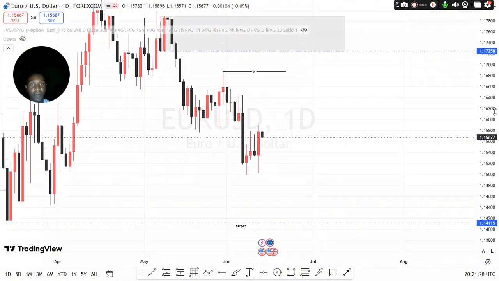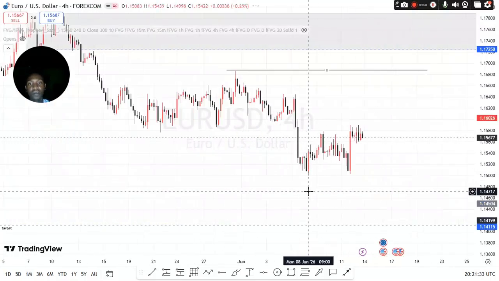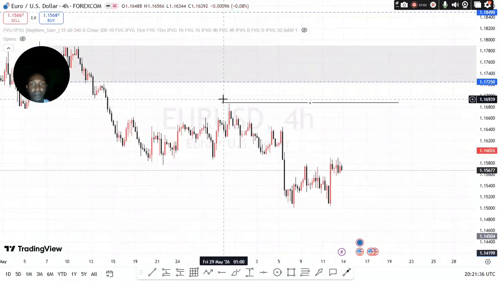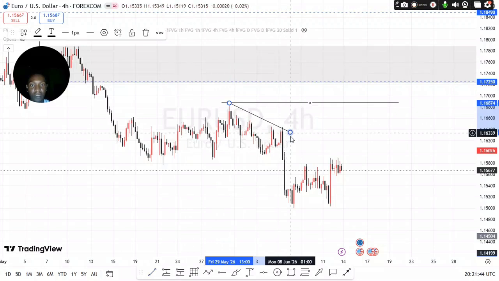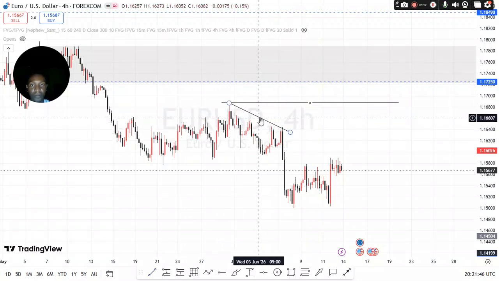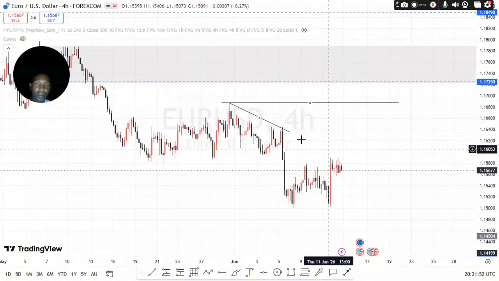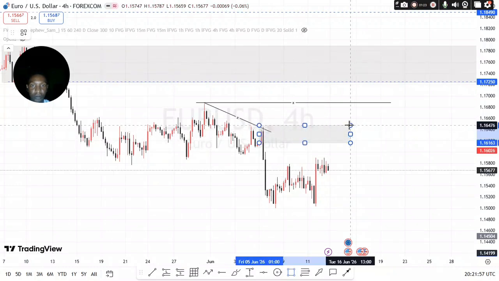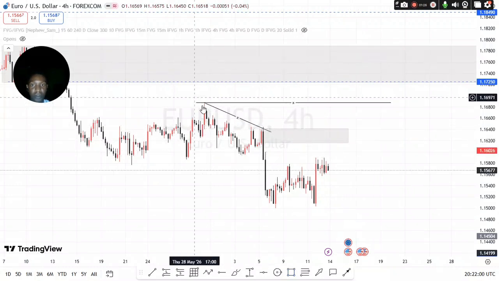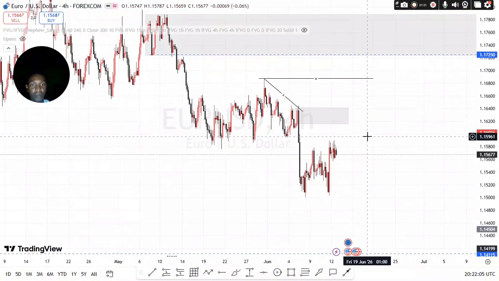If we go to the 4 hour time frame, you see that EU has been creating a trend line pattern here. That's what is making me not trust this order block. Normally, this would have been my main point of interest, but based on this formation, I don't trust this order block now.